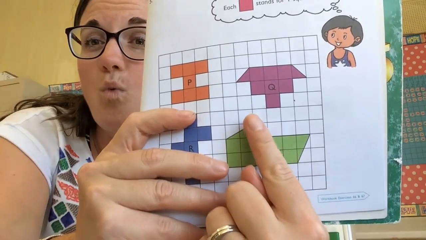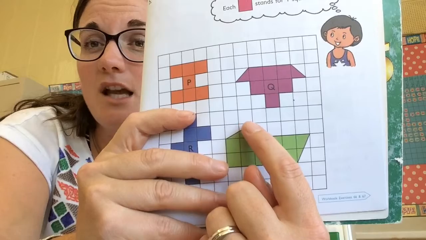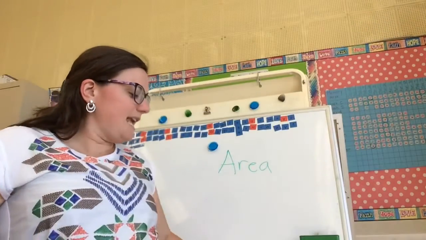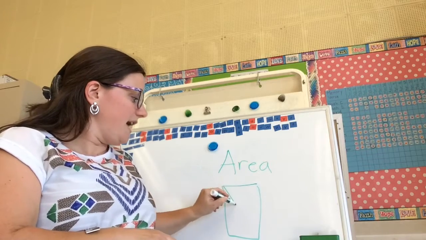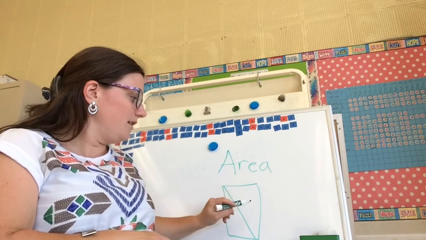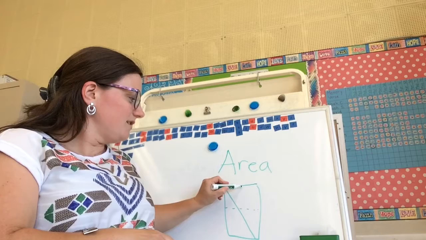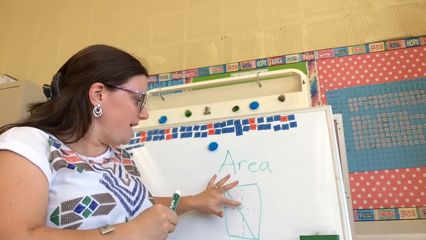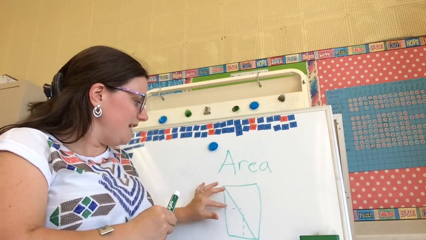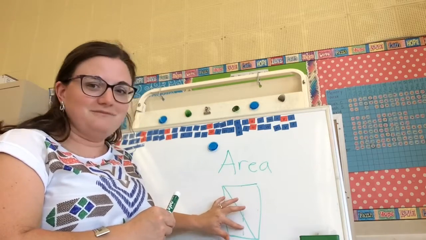So it would be 1, or you can think of this little piece would fit up in there. But what I'm saying is if we had a rectangle here and we cut it in half, we get a triangle. But if we draw our grid here, right, we can see the space that it covers. Okay?